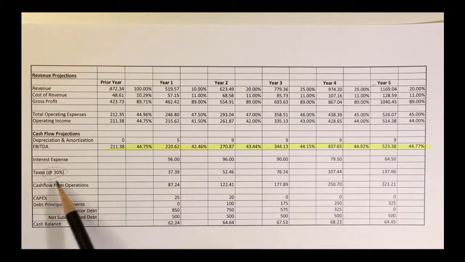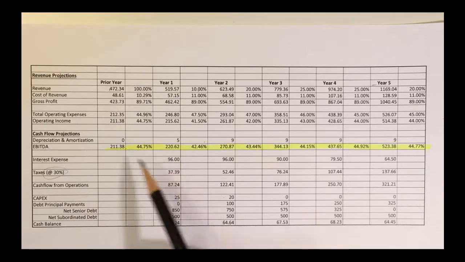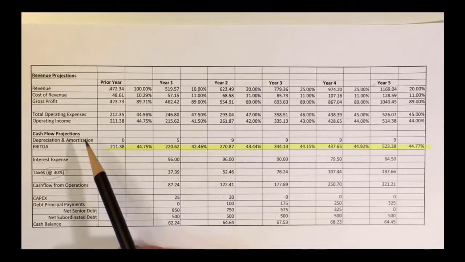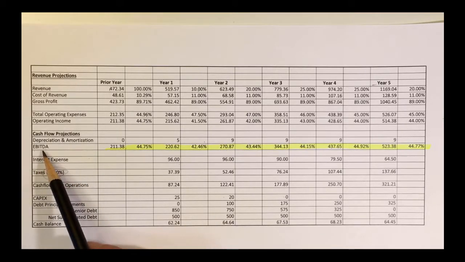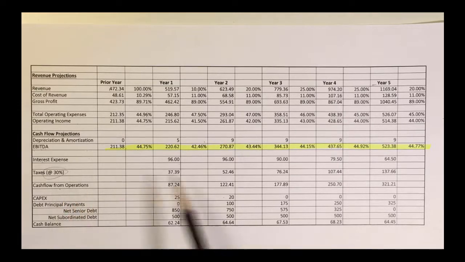But in any event, that's the assumed rate, state and local included. And so those are the most obvious uses for cash, right? So EBITDA minus interest and minus taxes yields cash flow from operations, right? So that's what's left to be used to pay down debt or otherwise make distributions to investors.